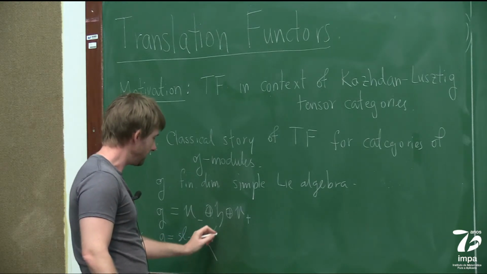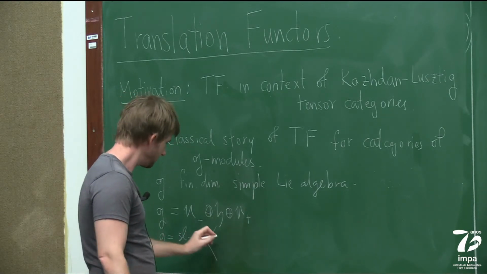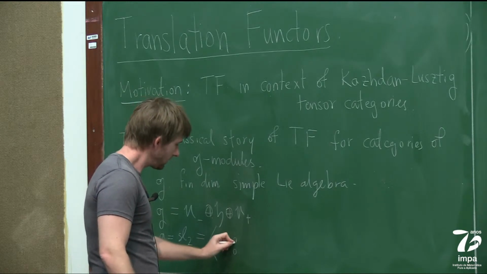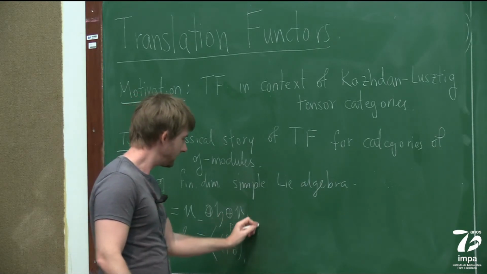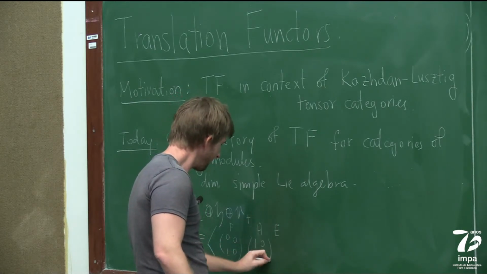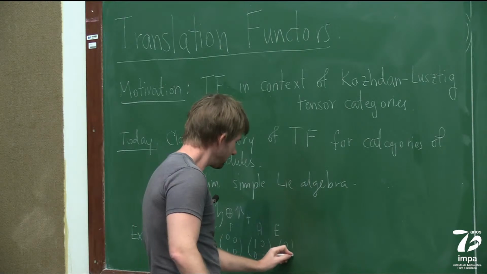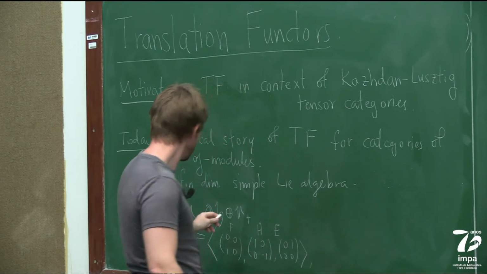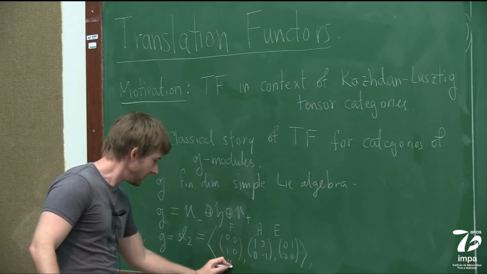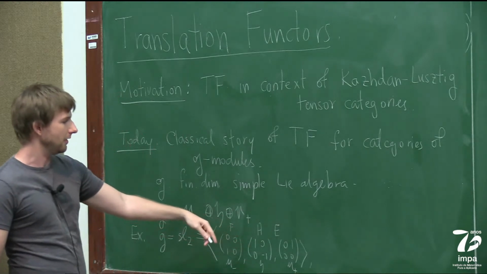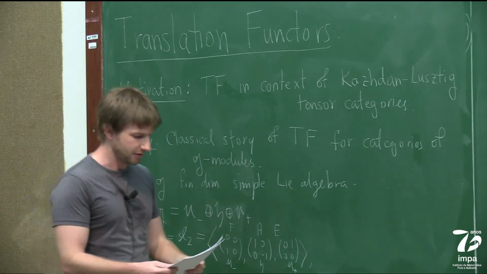Then this is spanned by, I'll call them, F, H, and E. And in this case, triangular decomposition is like this. This is N minus, this is H, this is N plus: upper triangular, diagonal, and lower triangular matrices.